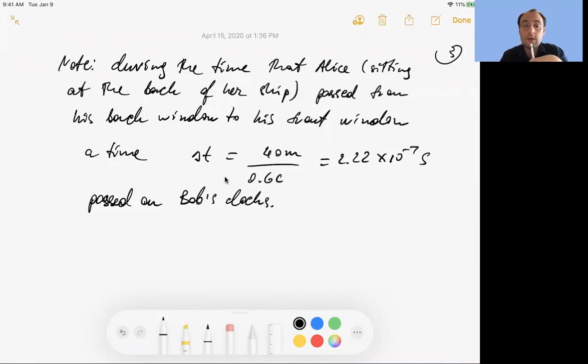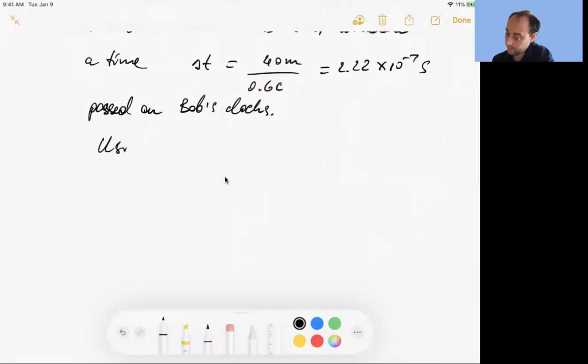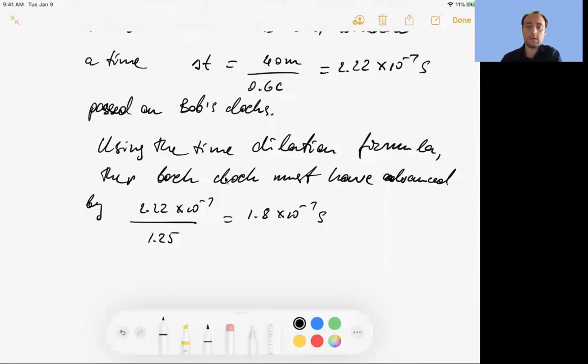So using the time dilation formula, that clock must have advanced by the following time. Okay, so the math will come out like that.